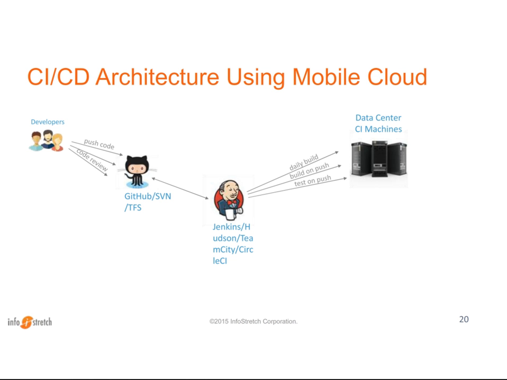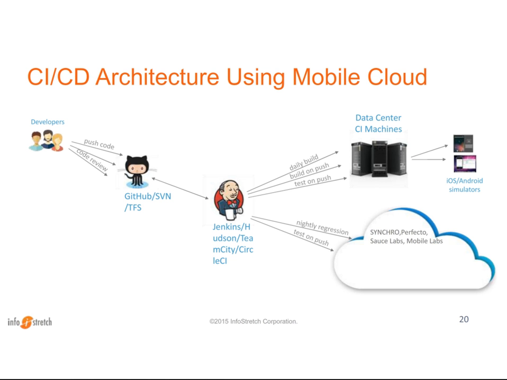For this initial phase, for unit testing, we can just test on emulators or iOS and Android simulators, right? Once those unit tests or my build tests pass, I can take it to my automated acceptance tests and use cloud-based tools like Perfecto, Sauce Labs, or Mobile Labs and test on real devices in real environments.